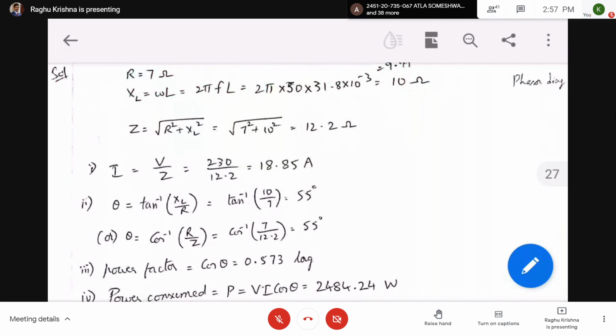In some books they follow theta, some books they follow phi, cos phi or cos theta. Both are the same, you can use any one. Power factor equals cos theta.